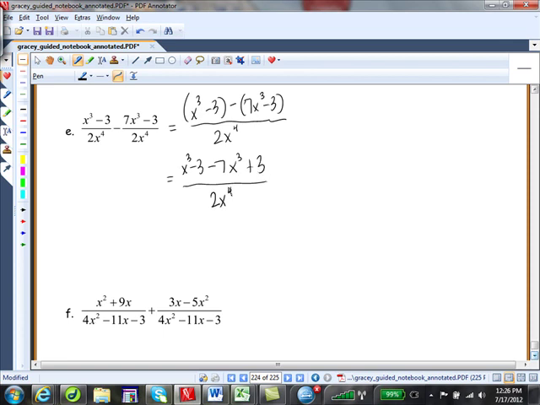And then we have our common denominator of 2x to the 4th. So then we'll get negative 6x cubed, and you see negative 3 plus 3 is 0. Then negative 6 divided by 2 is negative 3, and then we'll get x to the 3 minus 4, which is negative 3x to the negative 1, which is negative 3 over x.